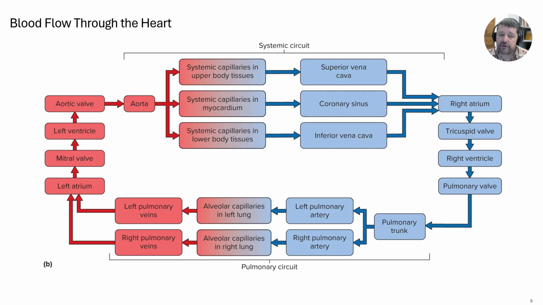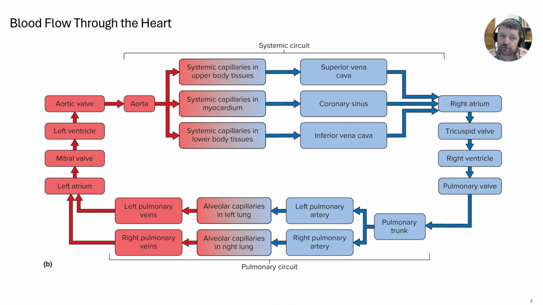That really brings us to two distinctions: the systemic circuit and the pulmonary circuit. The systemic circuit starts in the left ventricle, and this is the circuit of taking blood to different regions of the body and returning it to the heart.